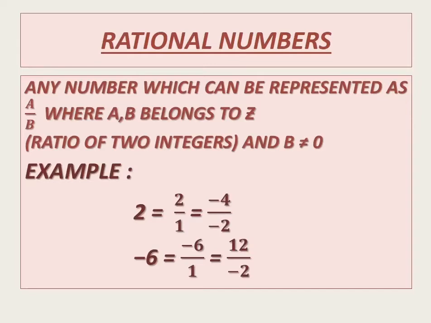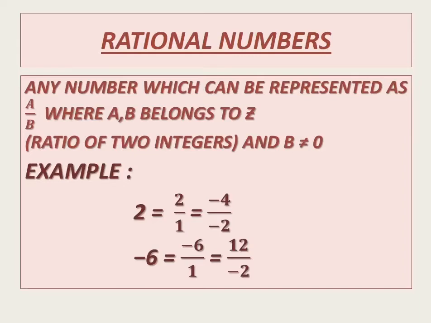This is the definition of rational numbers. As you know, we read it as a, b belongs to integers. It means any number which can be written in the form of a over b, in the form of a ratio, is known as a rational number.